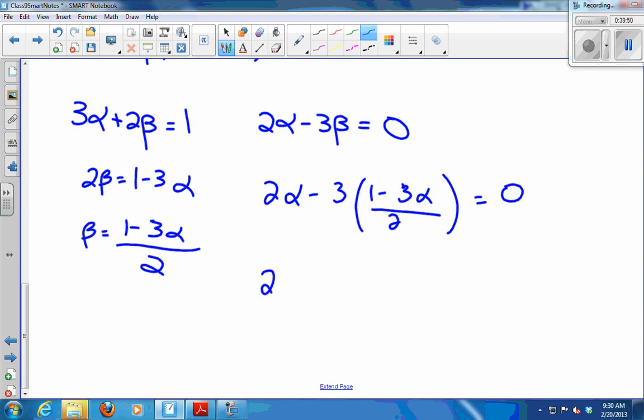So 2 alpha minus 3 times... plus 9 alpha... 2 plus 4.5 is 6.5.